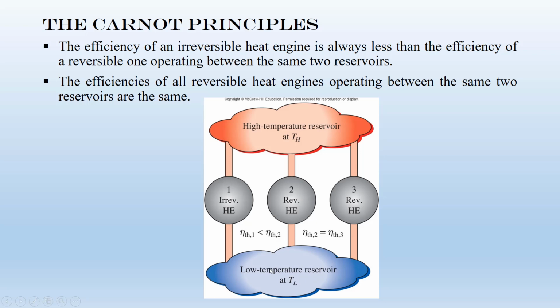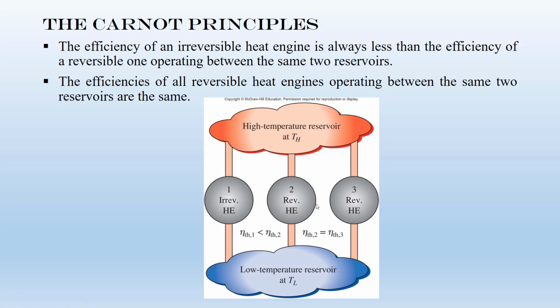For any heat engine that works between the same source and sink, all reversible heat engines have higher thermal efficiencies than the irreversible ones. This is the first principle. And the second one is that all reversible heat engines that work between these two heat sources have the same thermal efficiencies. This is called the Carnot principle.